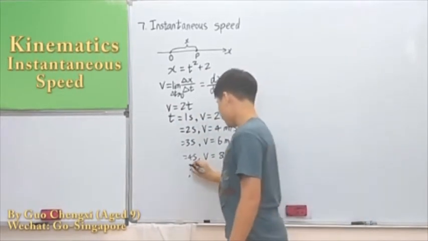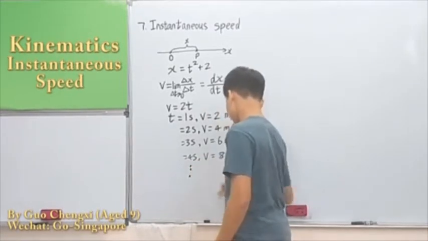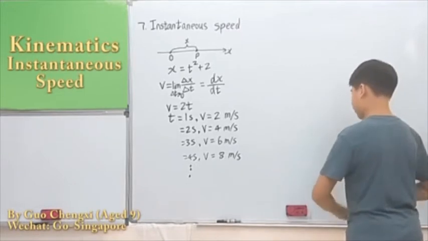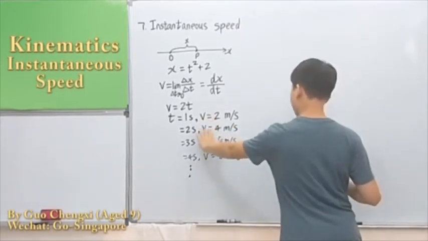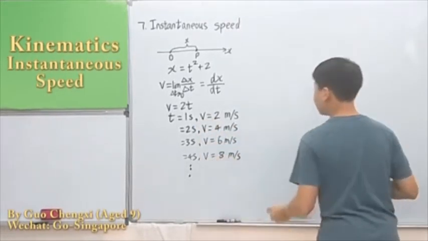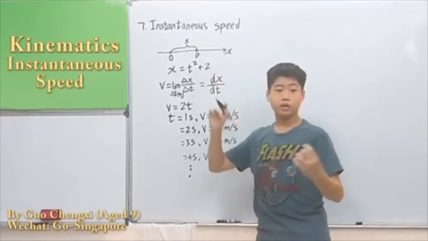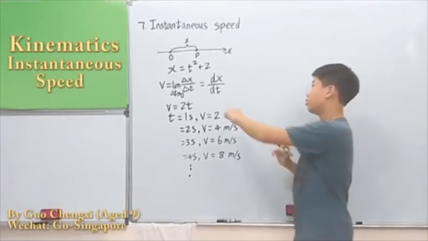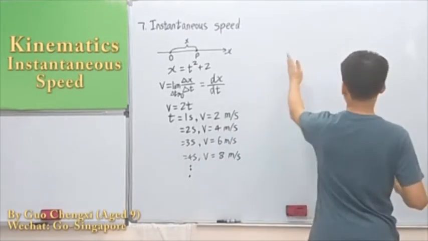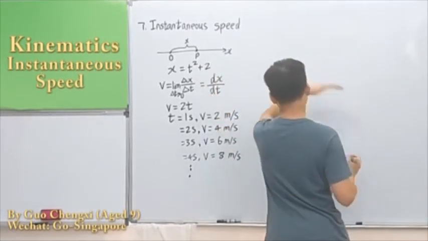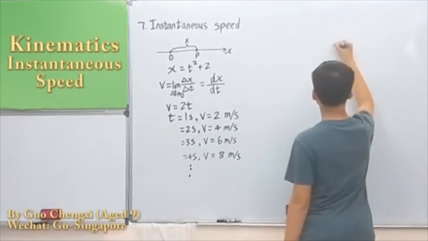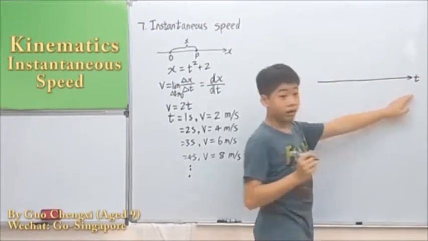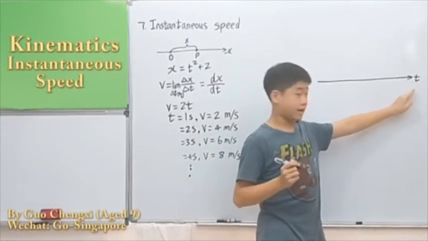Now we do have all these different speeds. But let's draw a graph of x, its position, against time. Beware, this axis is not the x-axis right now.